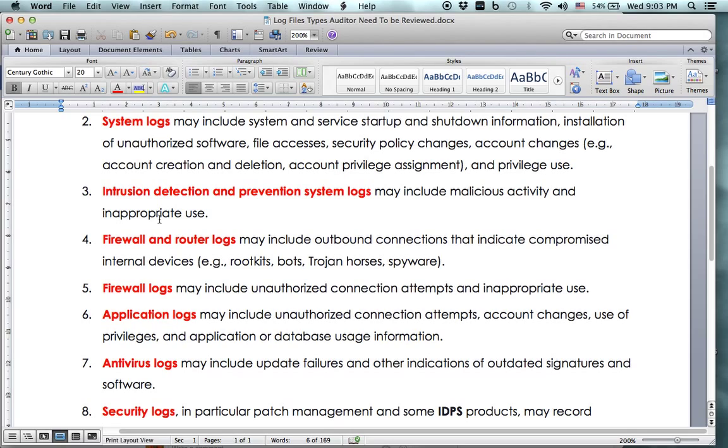So the auditor will address the log activity that includes unauthorized connection attempts, account change, or modification of privilege or user rights, the application and database user information, or whatever involves asset and change management. The auditor will determine and measure the chance and what can go wrong during access and during the system maintenance period.